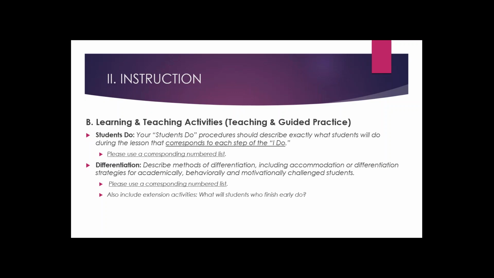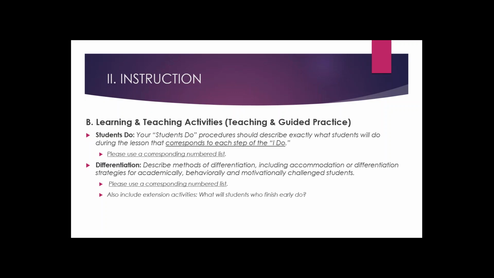And it kind of correlates. What are they doing during this part? Well, they're sitting in their whole group, they're responding to prompts and questions. Sometimes you might have them in a buddy kind of thing, a one-on-one where they get to do a think, pair, share. So in that case, in the students do section, they're doing a think, pair, share. They're discussing whatever the prompt is.